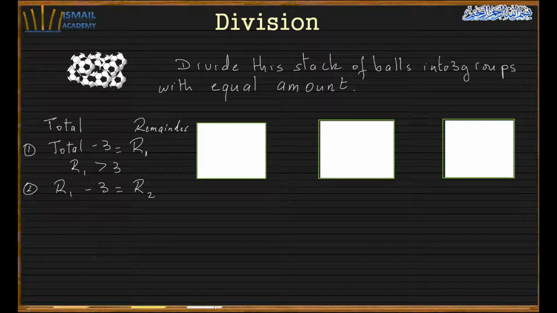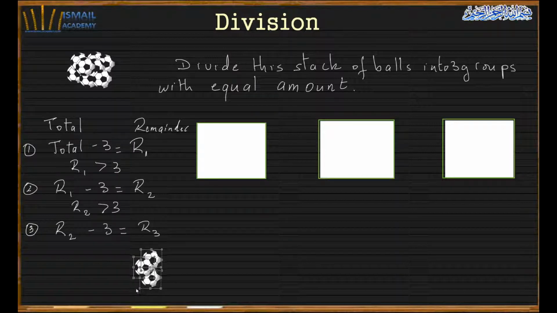Again, I check if my second remainder is greater than 3, and obviously it is. So I do my third action: I reduce my second remainder by 3, so I will get a third remainder. Then I put each ball into the box.